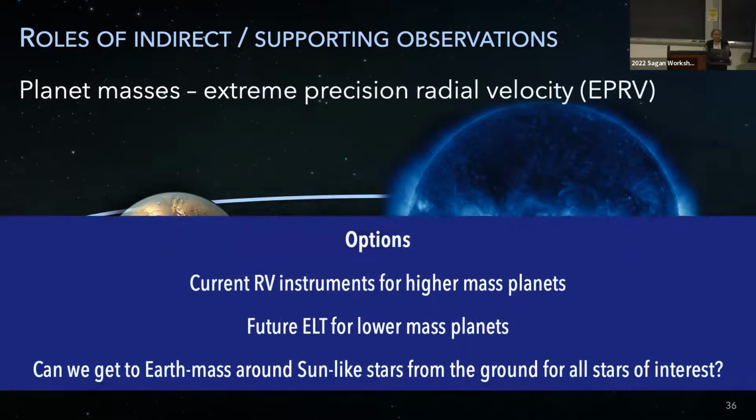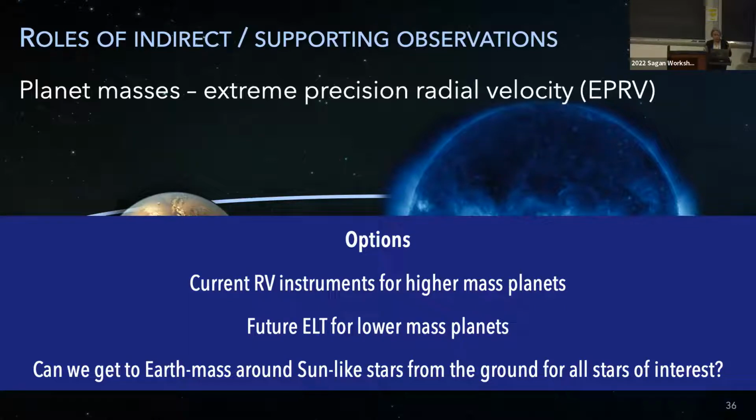Okay, next we need the planet mass. So this is important for modeling the surface gravity and the atmospheric structure. So we don't need super precise masses, but we do need them. The current radial velocity measurements from the ground can provide minimum masses for higher mass planets. If you combine that with inclinations from direct imaging, you'll get the true masses.